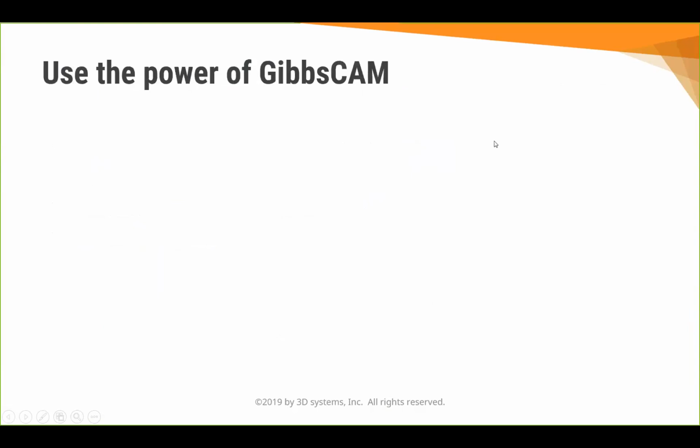We work together with the GibbsCAM team, who are part of 3D Systems, and embedded the GibbsCAM engine into Cimatron to gain from both products. GibbsCAM is a mature turning software with over 30 years of experience in lathe machining in the market. So how is this done?